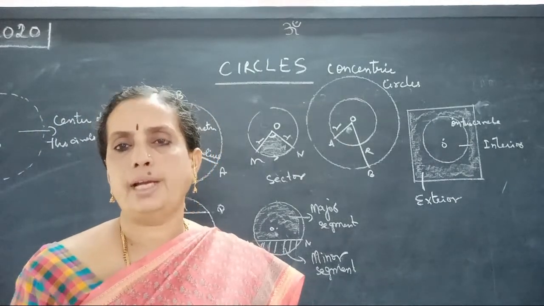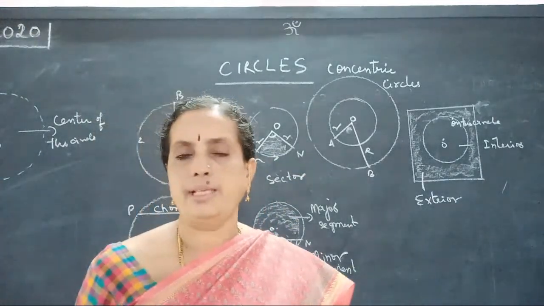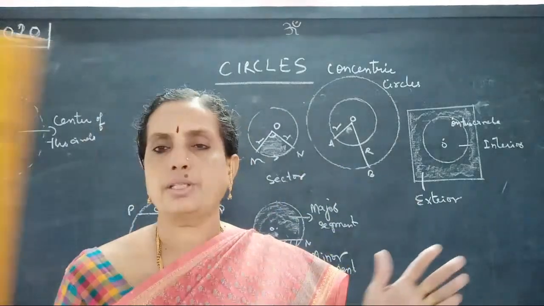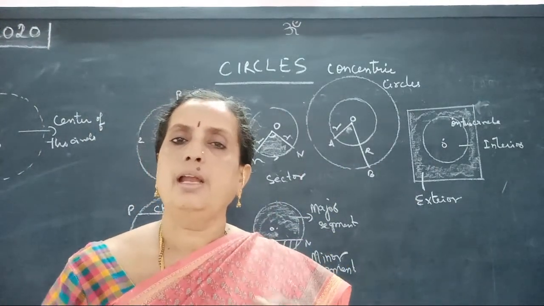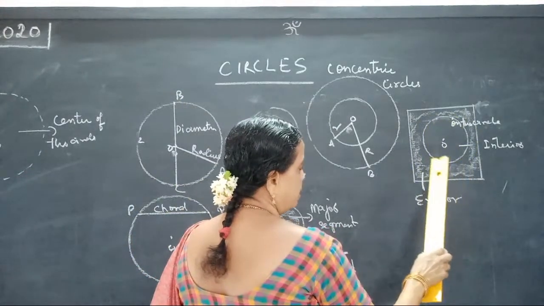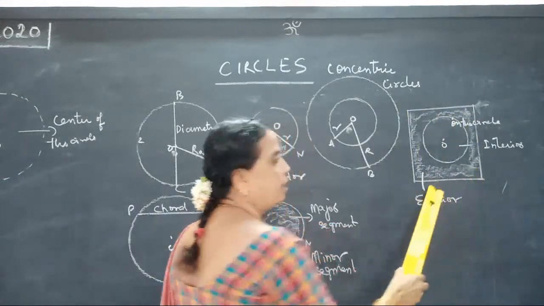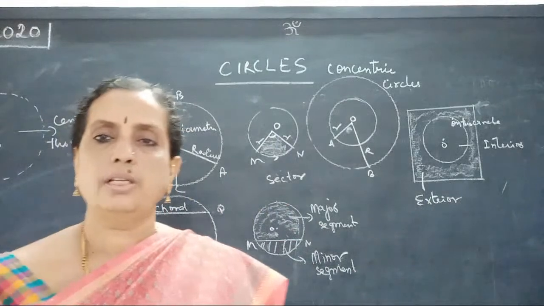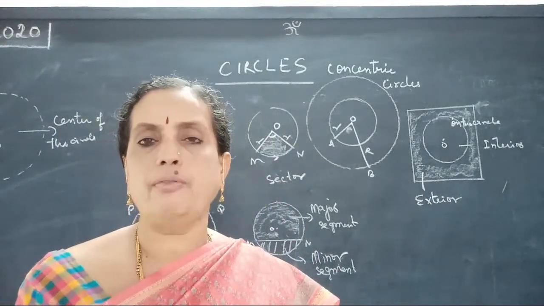So a circle divides the region in which it lies into three parts: exterior region, interior region, and the circle itself. Circle itself means the points on the circumference of a circle. Is it clear? This is a very basic concept I am giving.